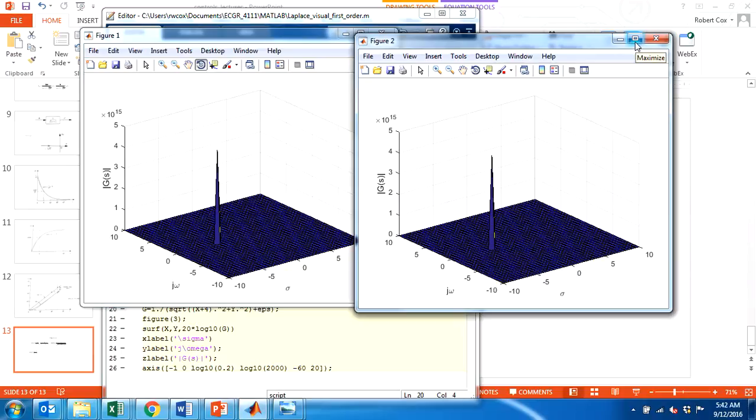Here's the magnitude of G of s, drawn three-dimensionally versus sigma and j omega. And what I see is that at the point where s equals minus 4, it is low everywhere else, but at s equals minus 4 it jumps up towards a really high value, essentially towards infinity.